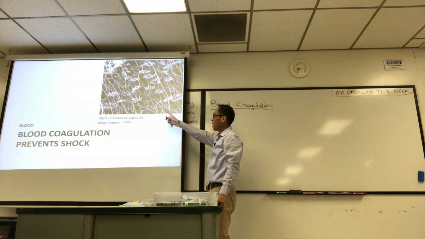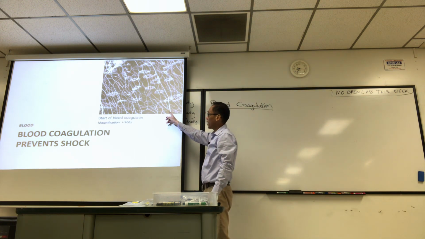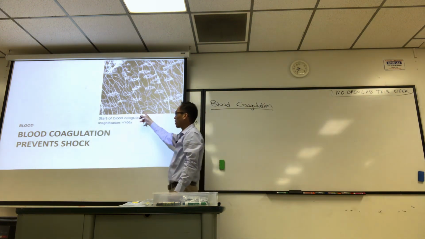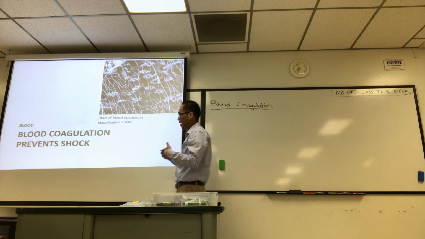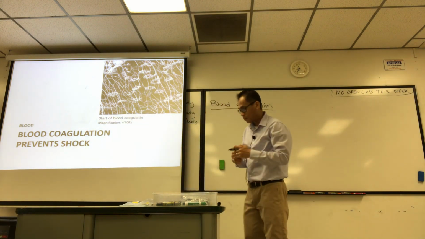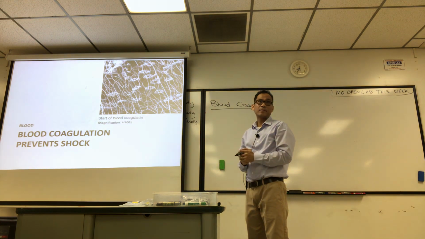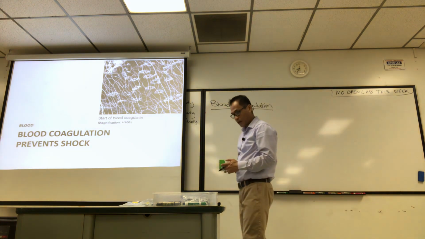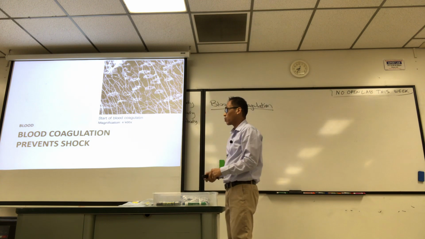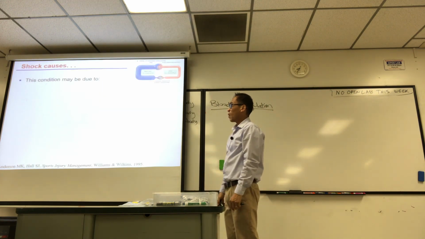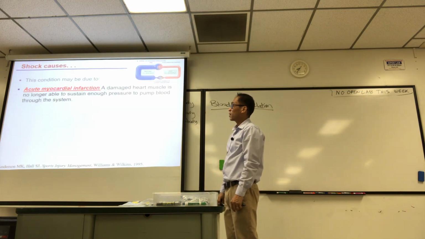It looks like a spider's web. See all those white fibrous threads? That is the hallmark of blood coagulation. Because once you get that net-like structure, blood cells become trapped in it, and that's coagulation, and that'll prevent bleeding. Shock is a lack of blood flow, so blood coagulation can prevent shock.